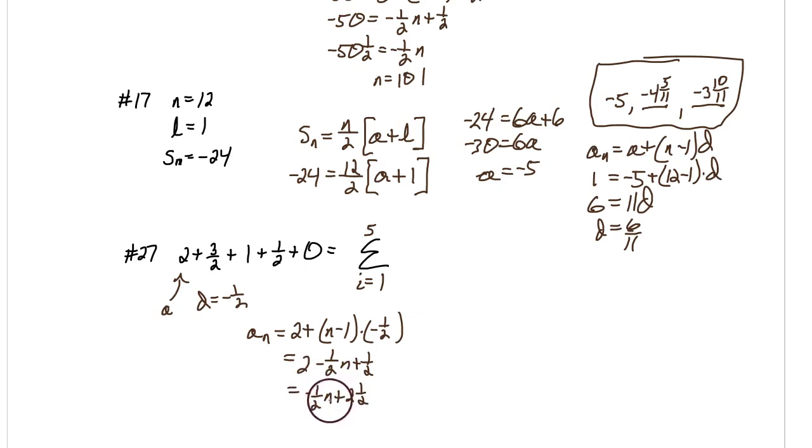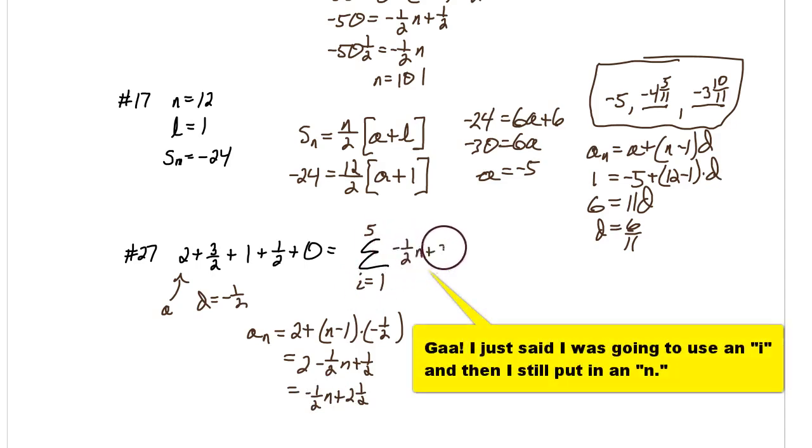And there's our general term. When I write it here, instead of using n, I'm going to use i to match my index. It's customary when the general term formula has more than one term in it to put that in parentheses next to the sigma symbol.